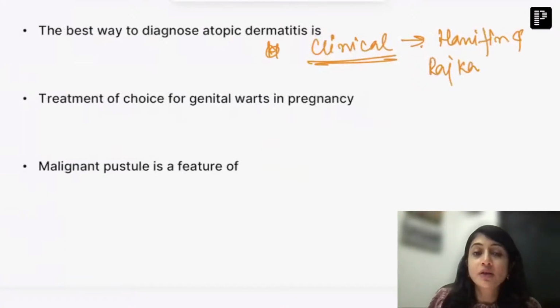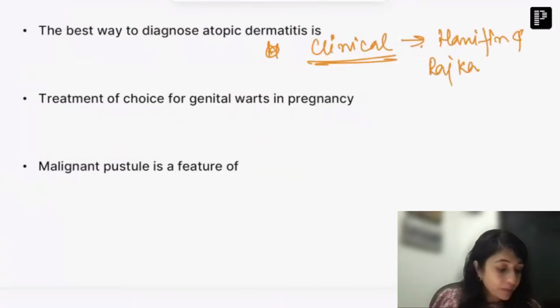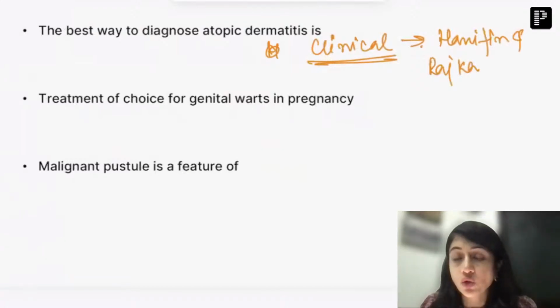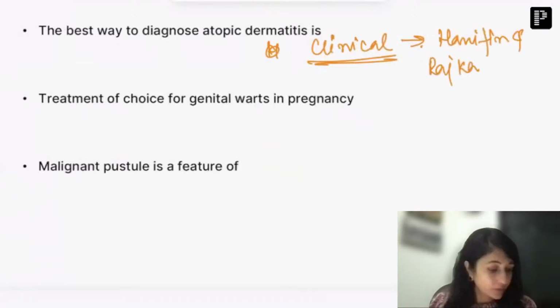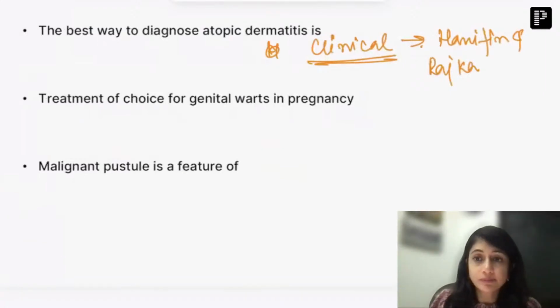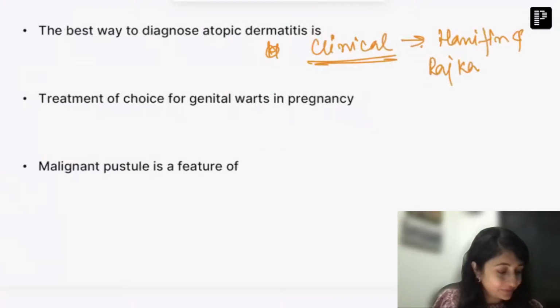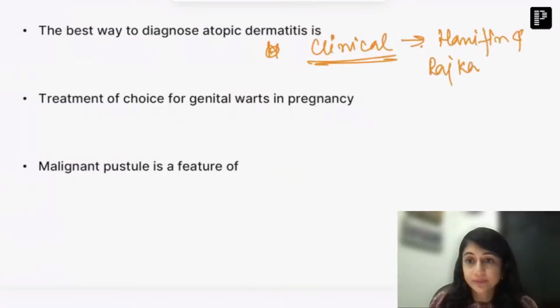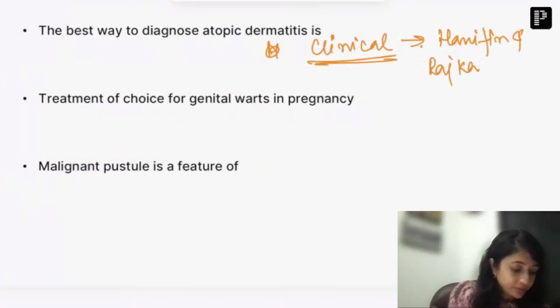Next question, treatment of choice for genital warts in pregnancy. A pregnant female with genital warts, what will you do? Quickly. Good, yes.